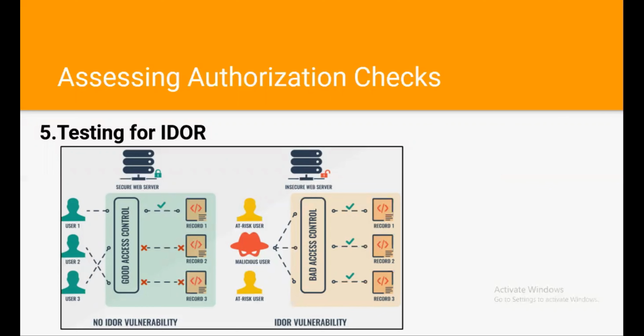So here there is no IDOR vulnerability. But if any malicious user is able to access any other user's data or any other resource or system resource, this is called IDOR, insecure direct object reference.